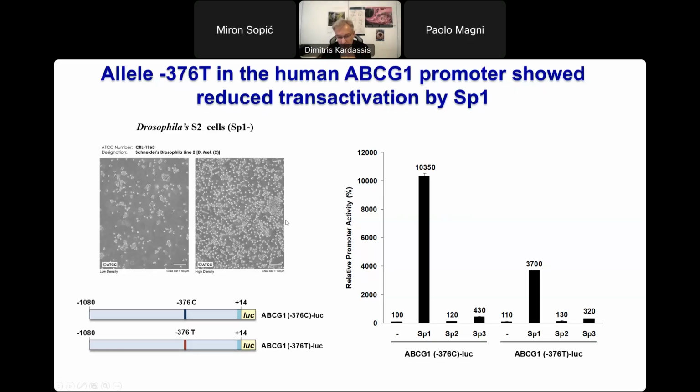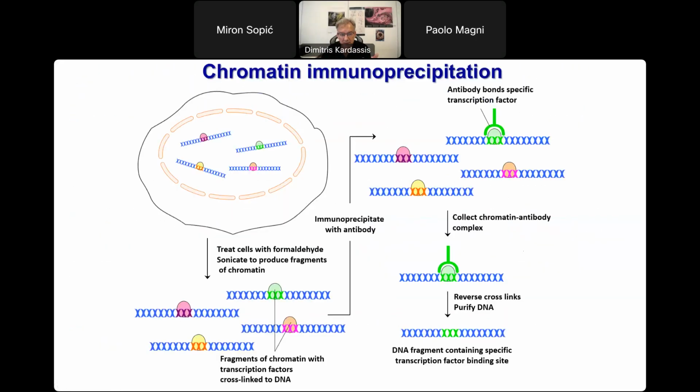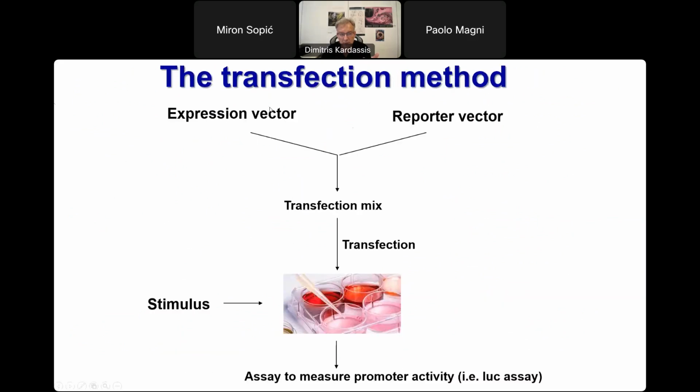And what we did was we transfected these cells with the promoters, this one or this one. So this is the C allele, this is the T allele. And this is the activity. It was very low anyway in Drosophila cells. But when we co-transfected SP1, so SP1 was expressed from this plasmid here that I show you, the reporter vector here, co-transfection, luciferase assay.